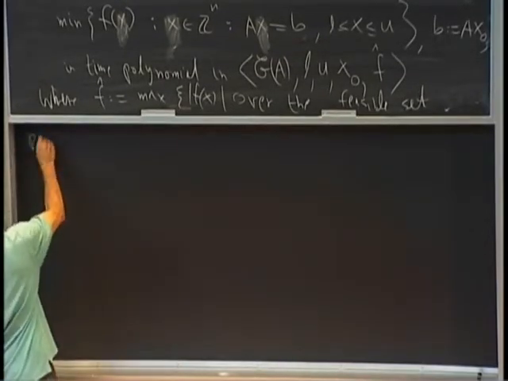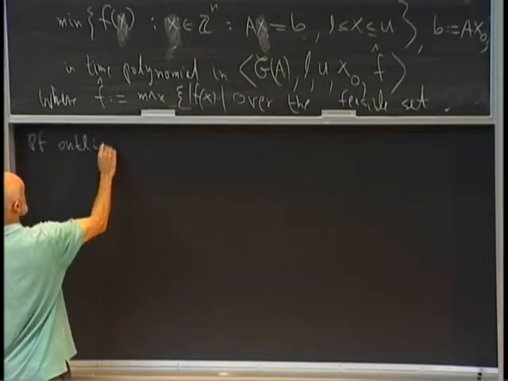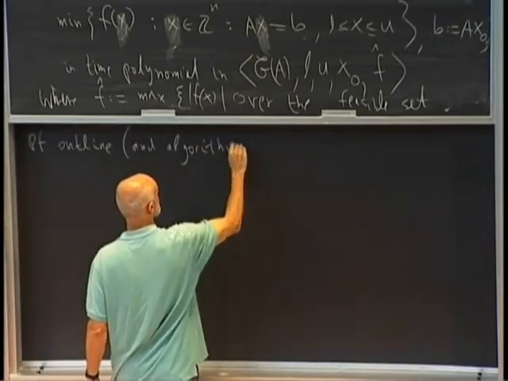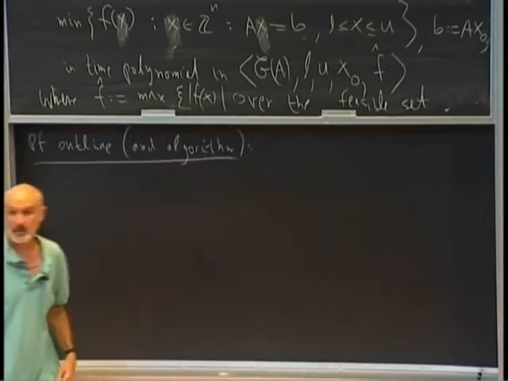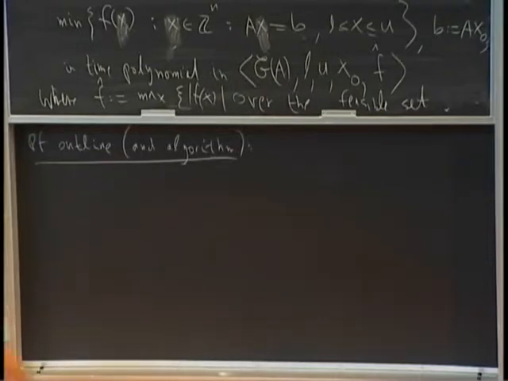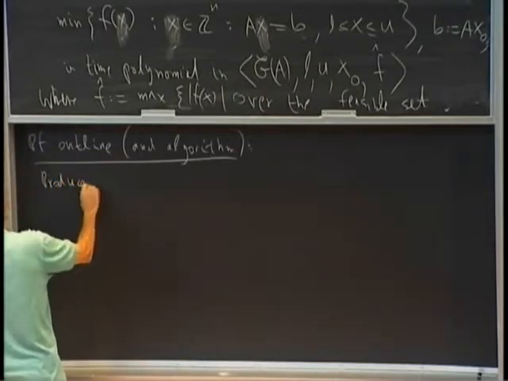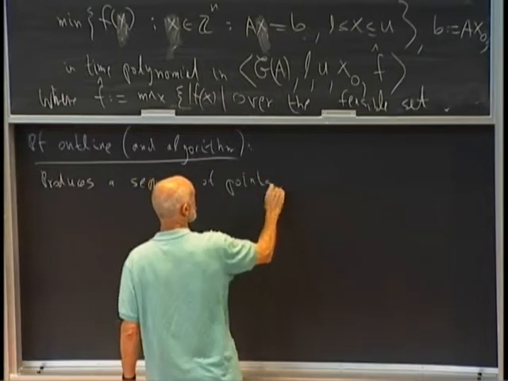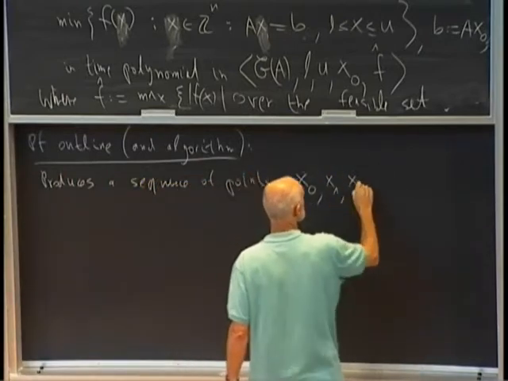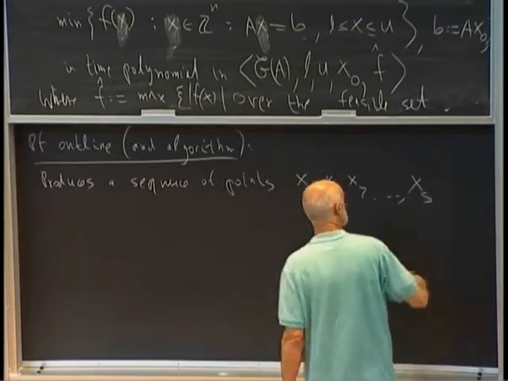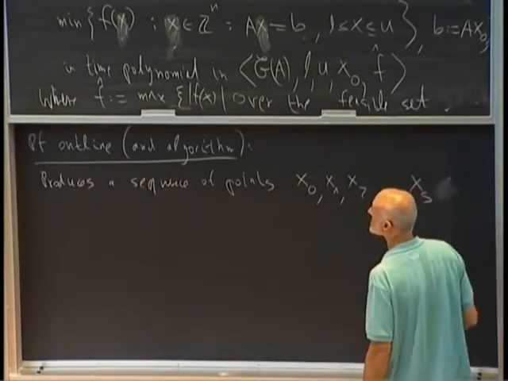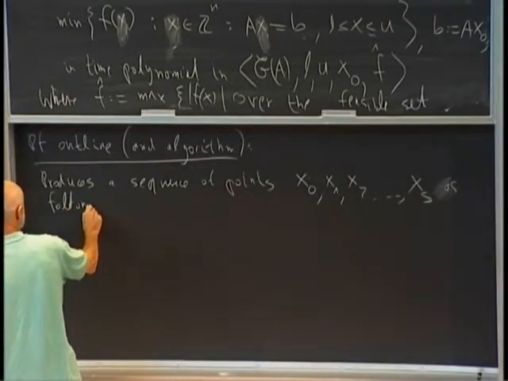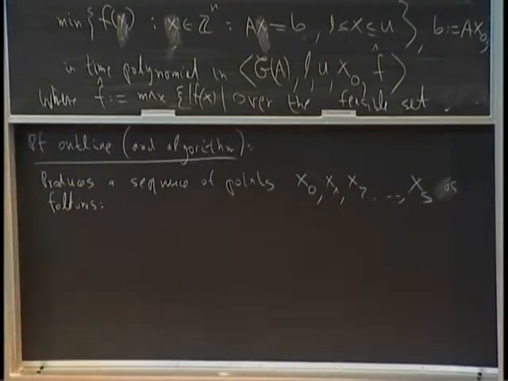So what is the algorithm? Proof outline and algorithm. We start with the feasible point, and we produce a sequence of feasible points: x0 is the given point, x1, x2, and so on, up to some xs, and then we stop. Suppose we already found xk.